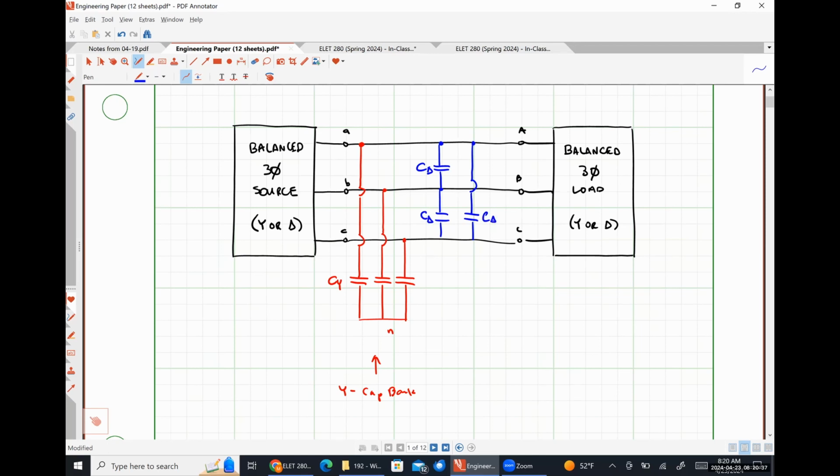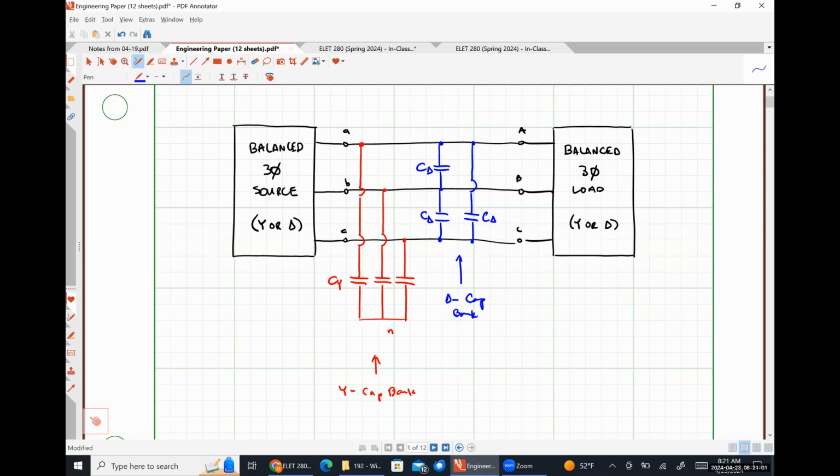So all of these are C delta. Let me label this. This is my delta capacitor bank.